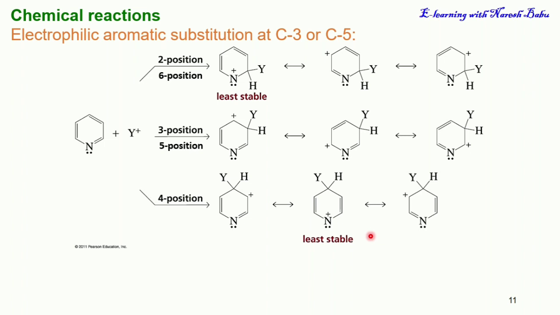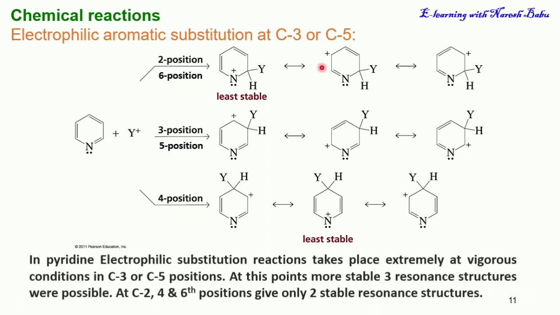The more stable forms are given at the third or fifth position. So electrophilic aromatic substitution always takes place at the third and fifth position. This is very important. We need to remember that electrophilic aromatic substitution takes place at C3 and C5.